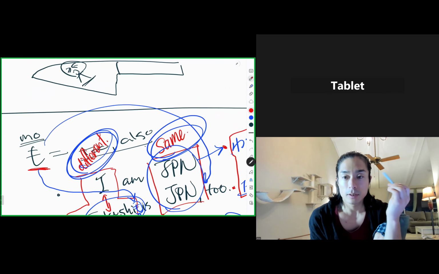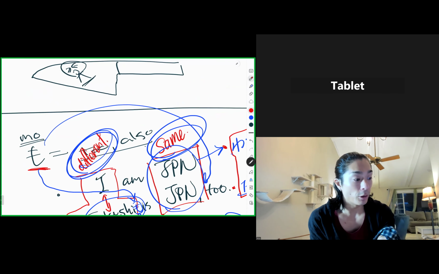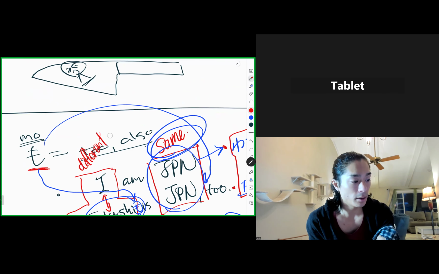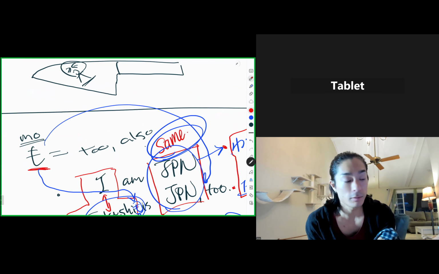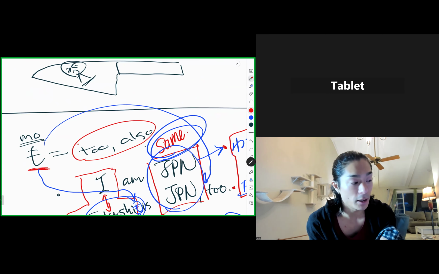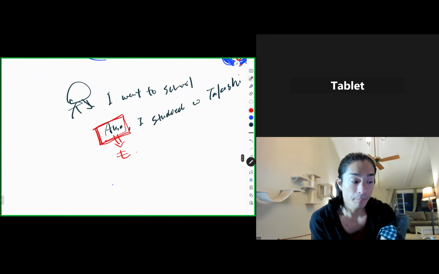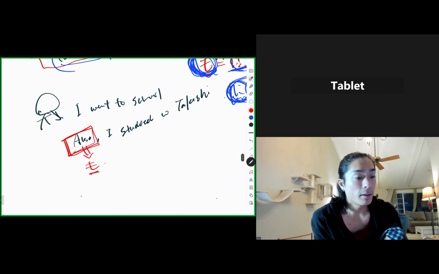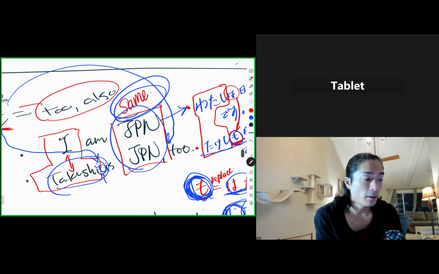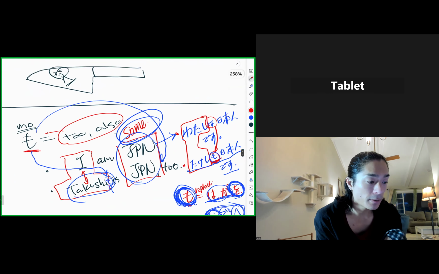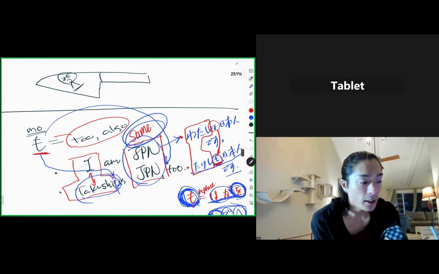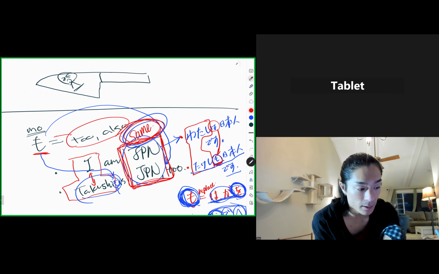Don't just directly memorize, right? Sorry, mo equals too or also. Don't just blindly memorize it. That's why this kind of mistake happens, right? But like I explained here, mo is used when there is same information among at least two sentences.